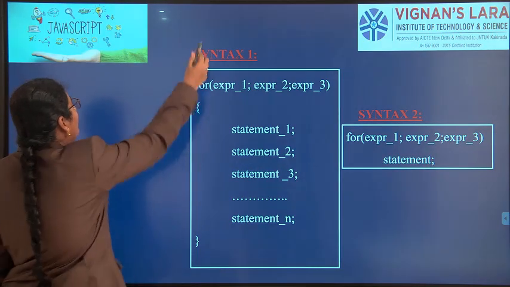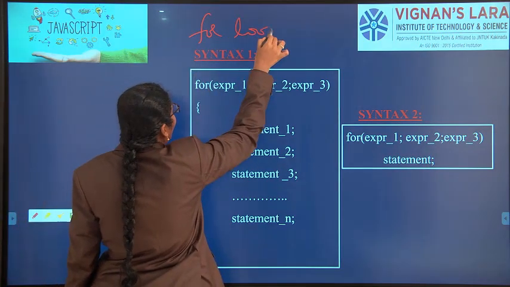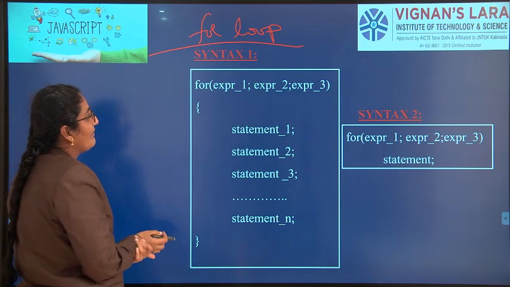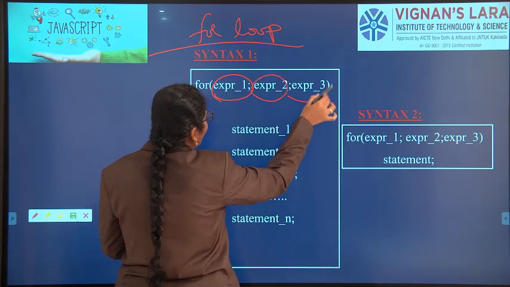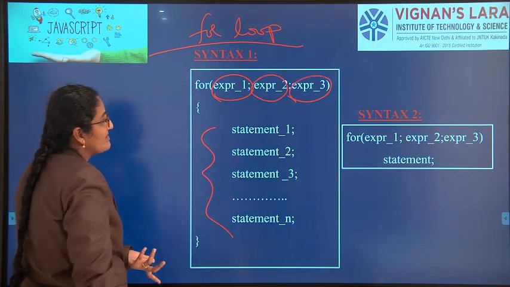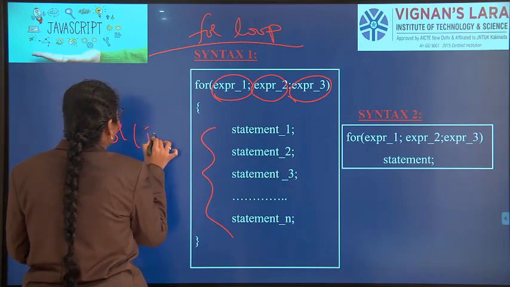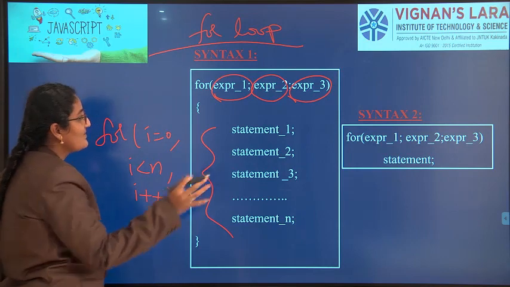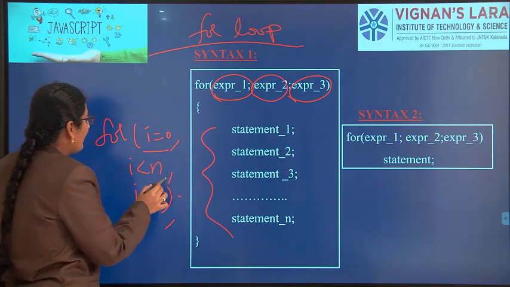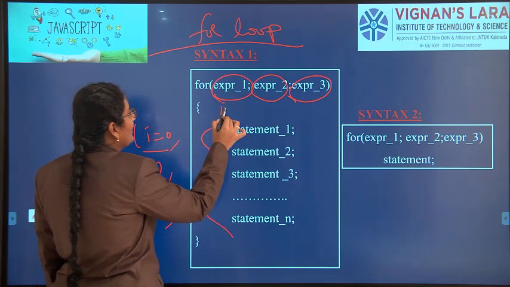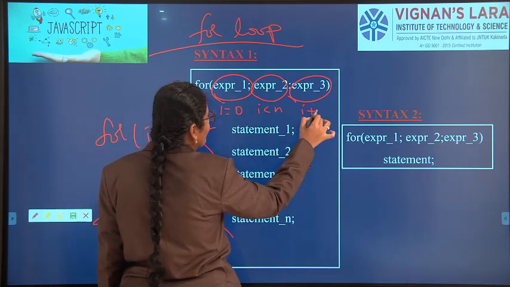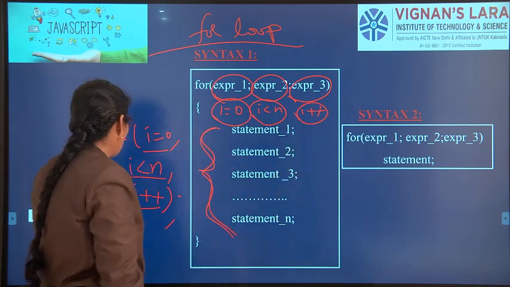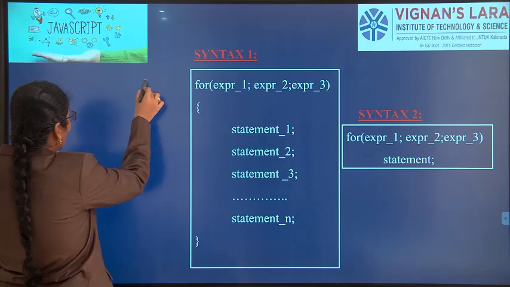Our first loop is for loop. We have three loops, for, while and do while. For loop is very familiar to everyone. For expression 1, expression 2 and expression 3, you have some statements, simple. For i equal to 0, i less than n, i plus plus, you will have some statements. So our first loop is for loop.